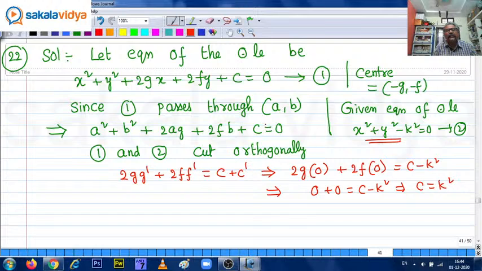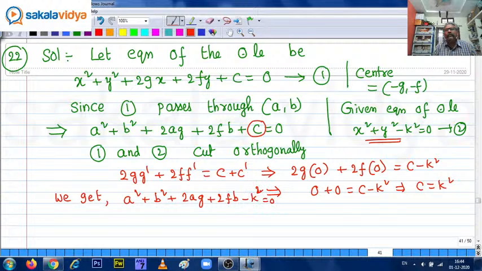Substitute c in the earlier equation: a square plus b square plus 2ag plus 2fb minus k square equals 0. Now we need the locus of (minus g, minus f). Instead of minus g put x, and instead of minus f put y, then you will get the locus.